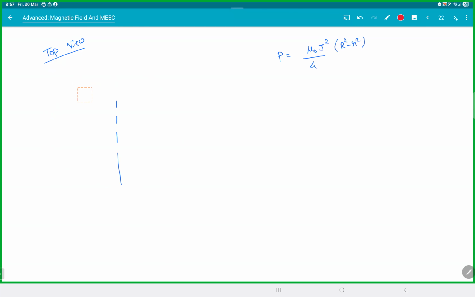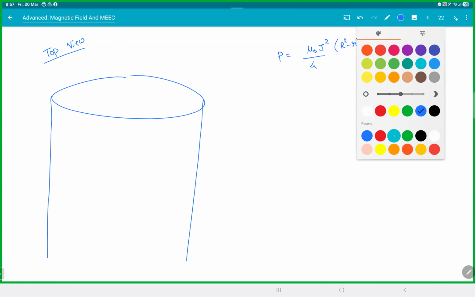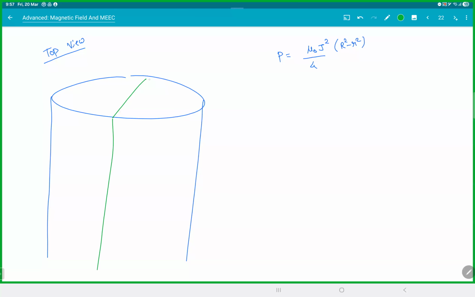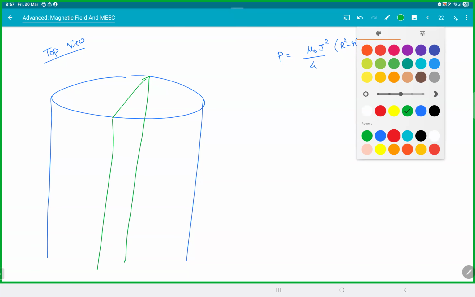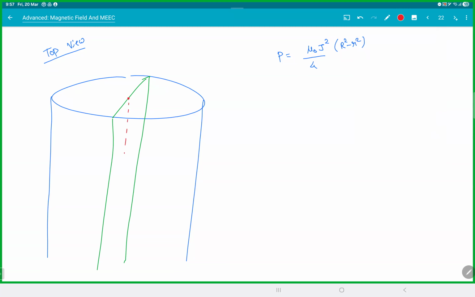So when you take the side view, right, the element has to be taken like this. So from the center, at a distance small r, take a thin slice here of dr. So the force on the thin slice will be pressure into L into dr. You want the force, integrate this thing.